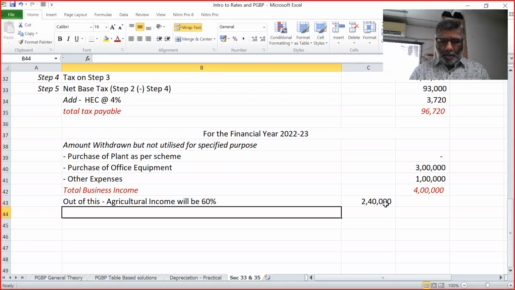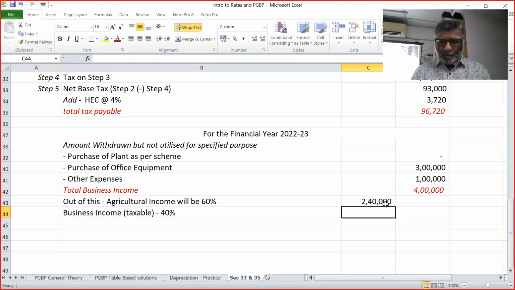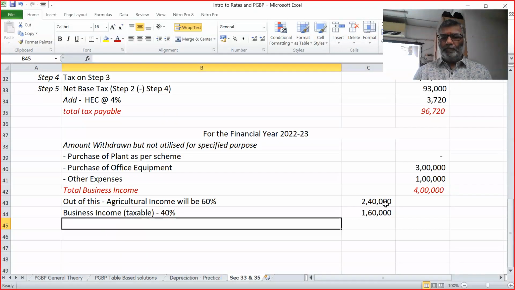Business income, 40%. So whenever I withdraw also, I need to be careful to split it between agricultural income and business income.